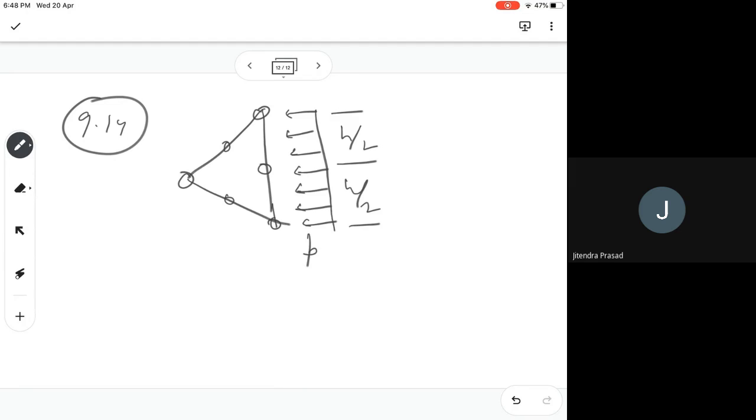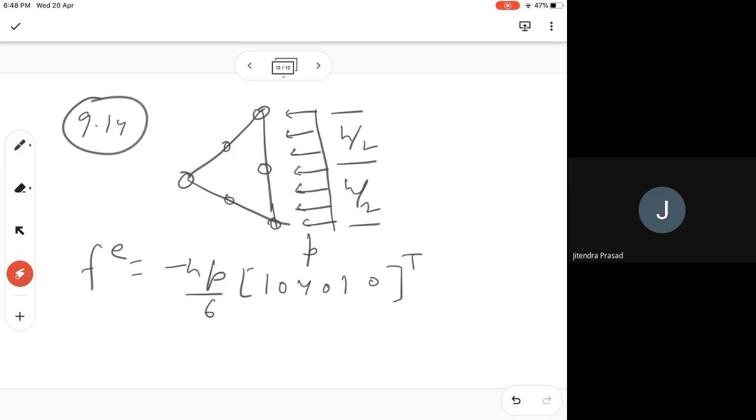We have to show the element external force matrix F epsilon is equal to minus HP6, yeah, and then you have 104010 transpose of that. So this is what it is for external traction, basically.